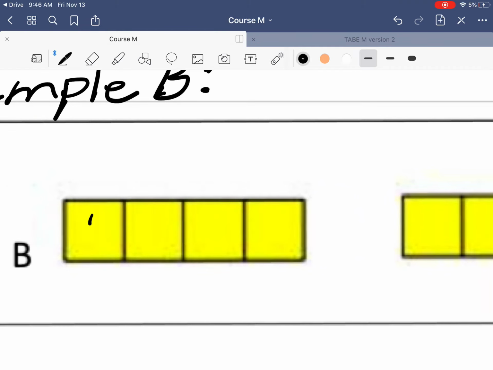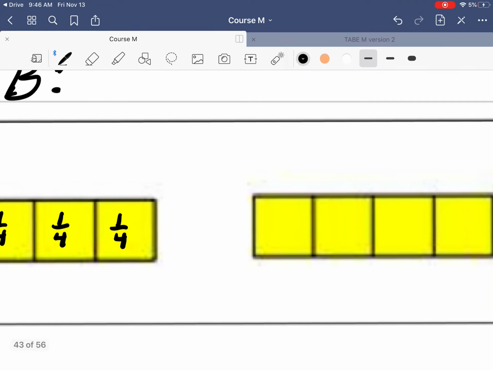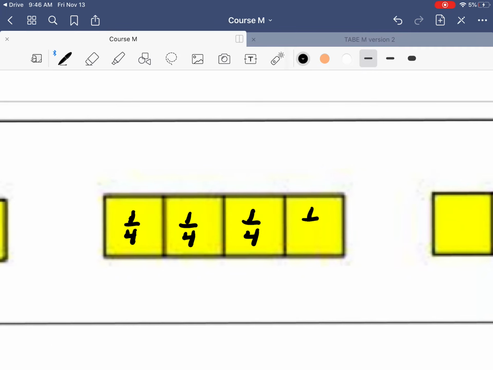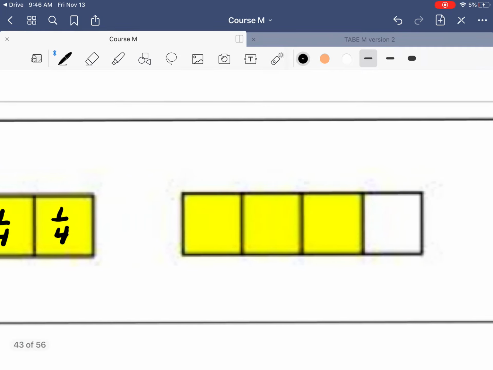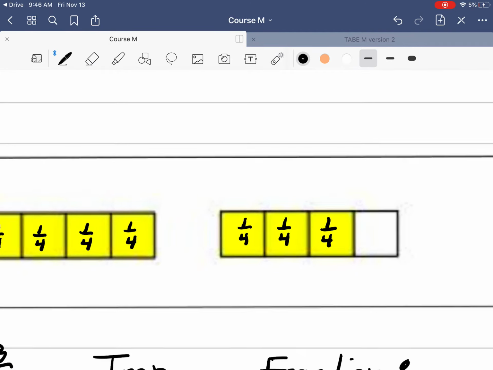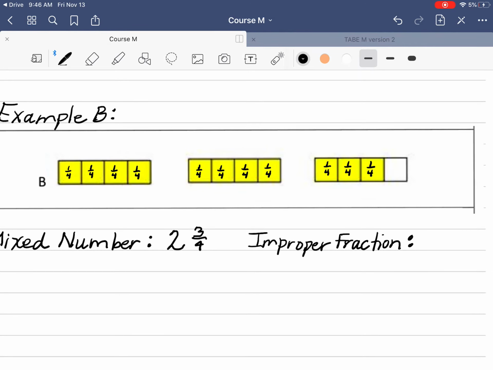So here is 1/4, 2/4, 3/4, 4/4, 5/4, 6/4, 7/4, 8/4, 9/4, 10/4, 11/4. So the improper fraction is 11/4.